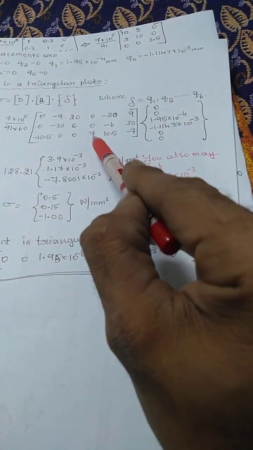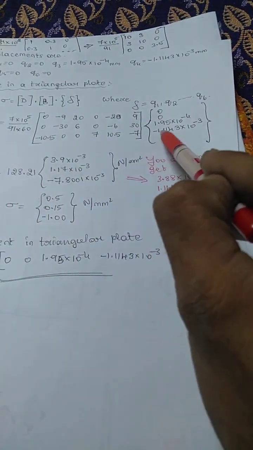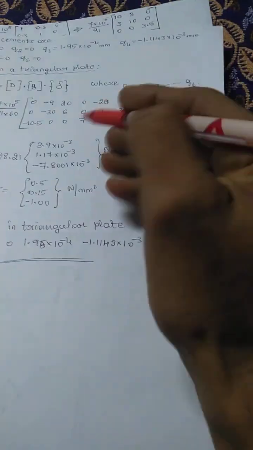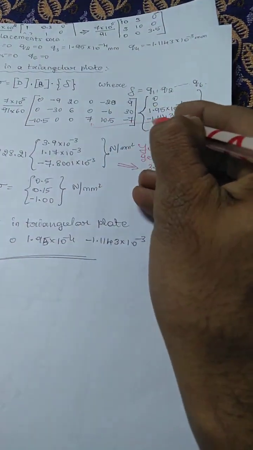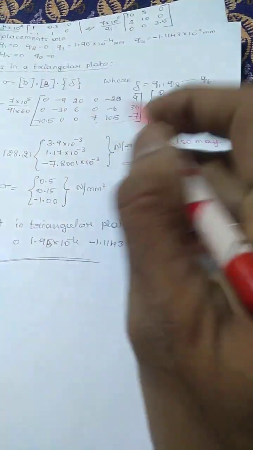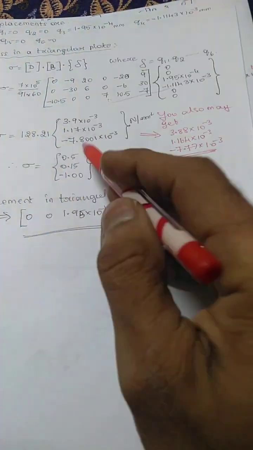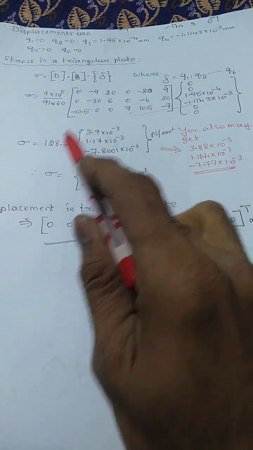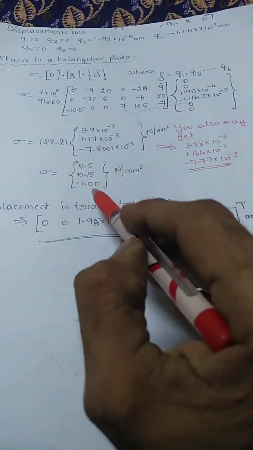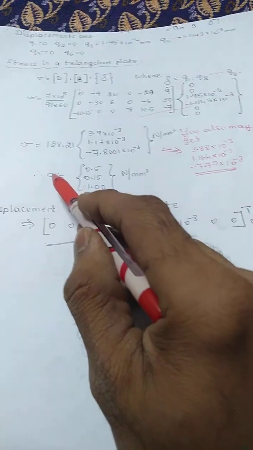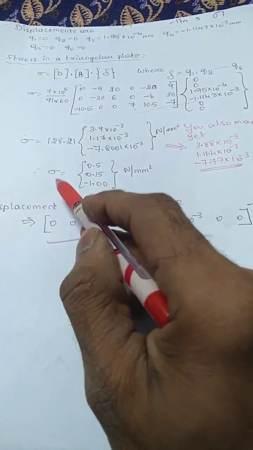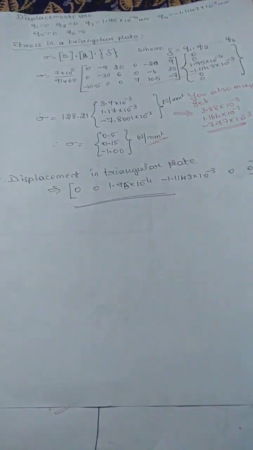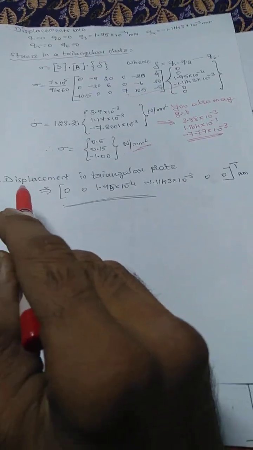So what we get is only these terms. After that, multiply 128.21 with this, and you'll get these three values of stress in the triangular plate. This is the unit, don't forget to write that.